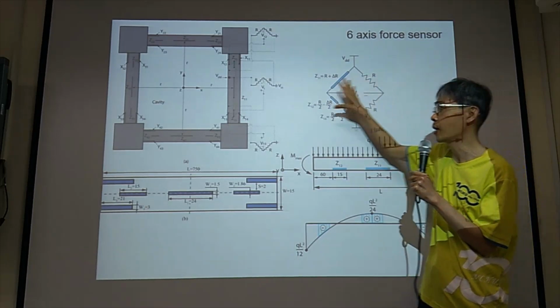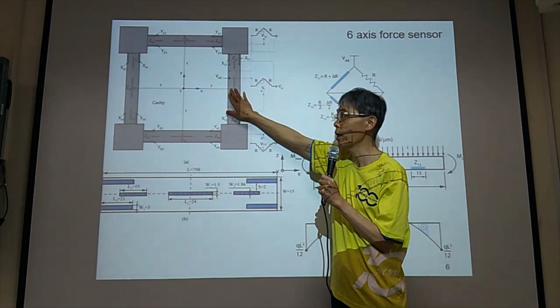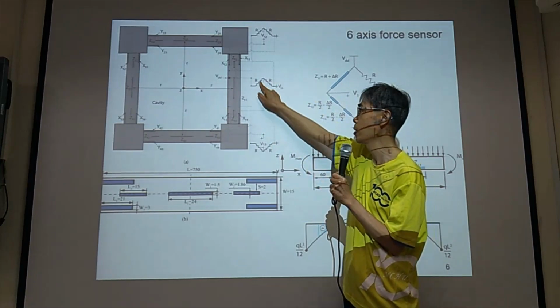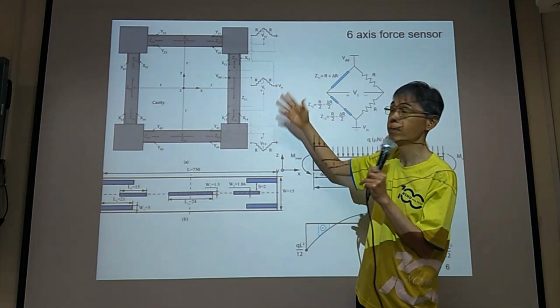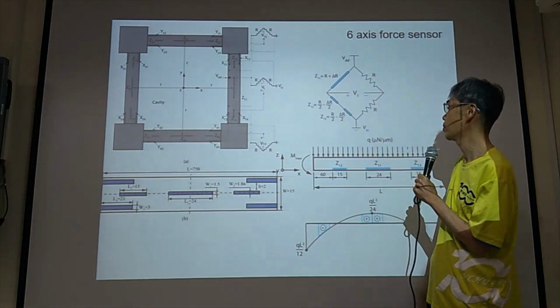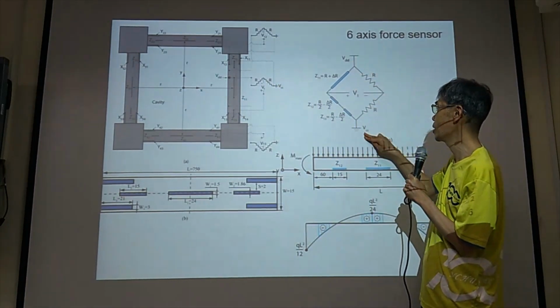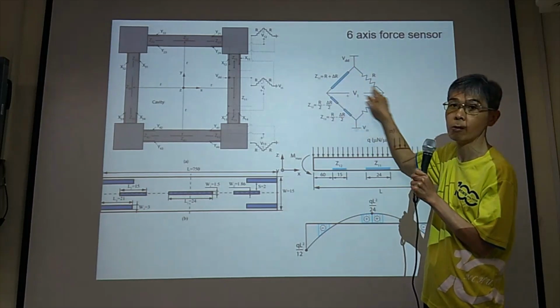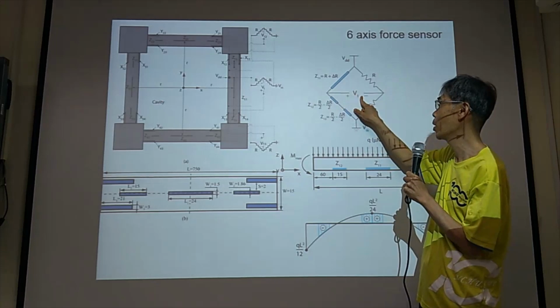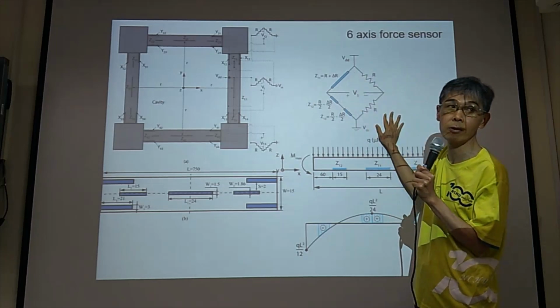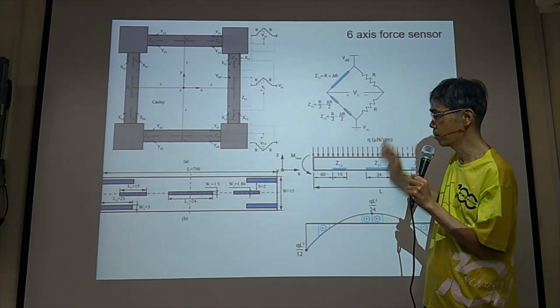They are not on the sensing structure, they are outside the sensing structure, so they are constant. Here, VDD, VSS, and this is a differential voltage output. So we can calculate V1 based on this configuration. Simple circuit.